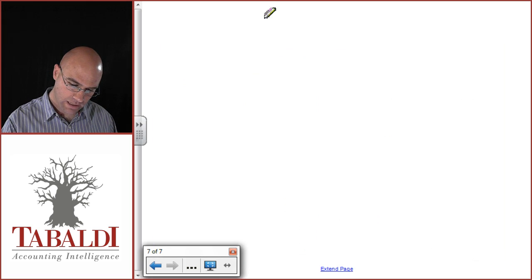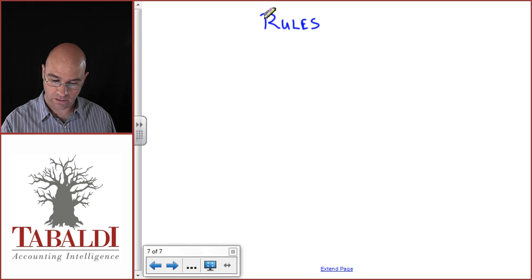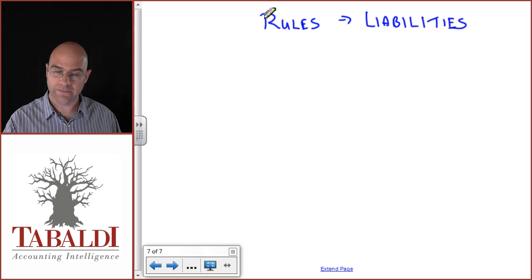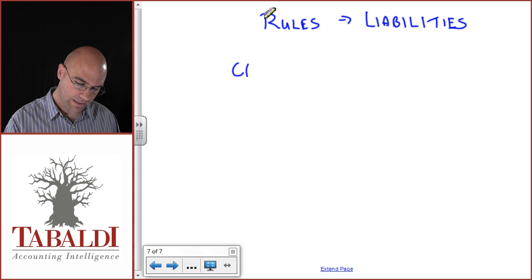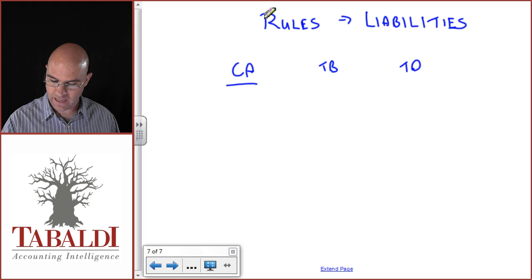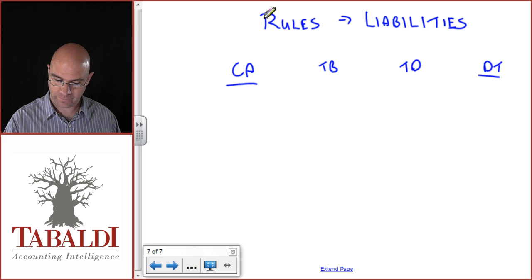The last thing is just the rules for recognizing or classification for the liabilities. Our headings: carrying amount, tax base, temporary difference, and deferred tax.